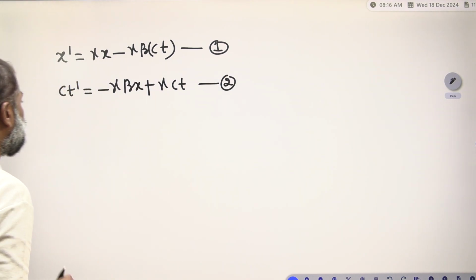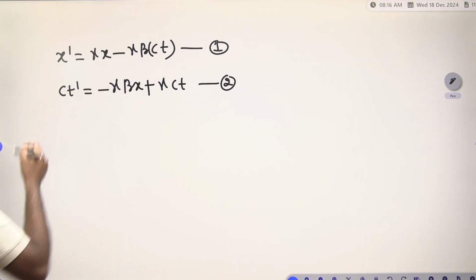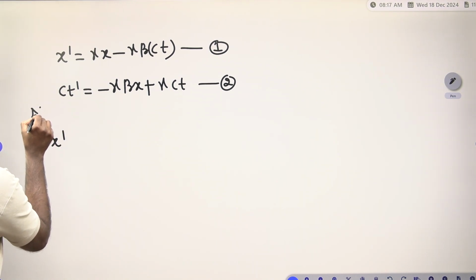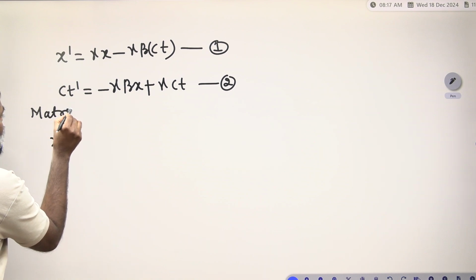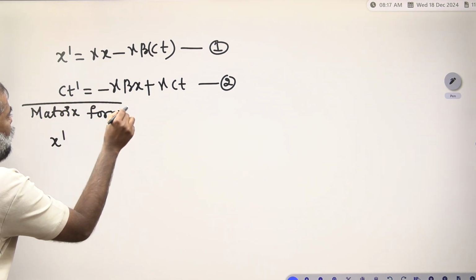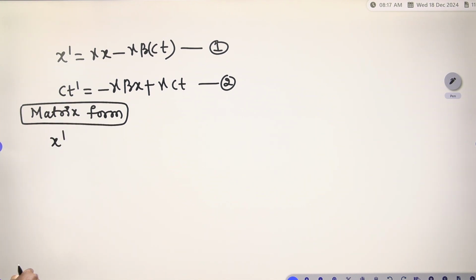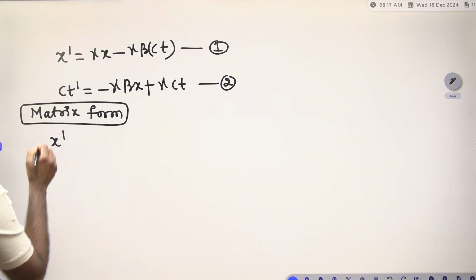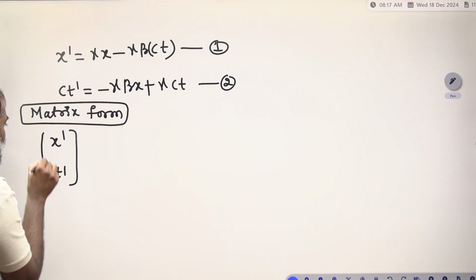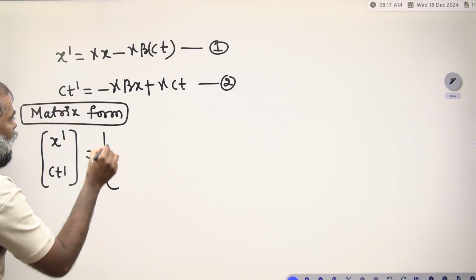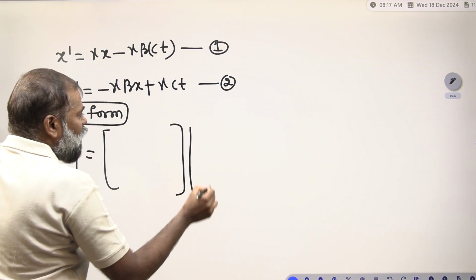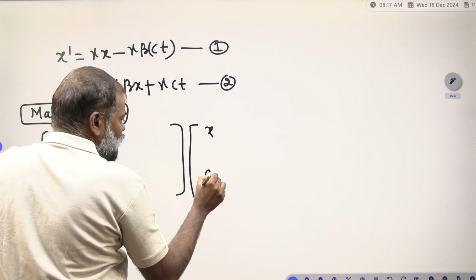Now comparing these two equations, I make the matrix form in 2 dimensions. On the left hand side I write x dash, Ct dash, and on the right the coordinates x, Ct.